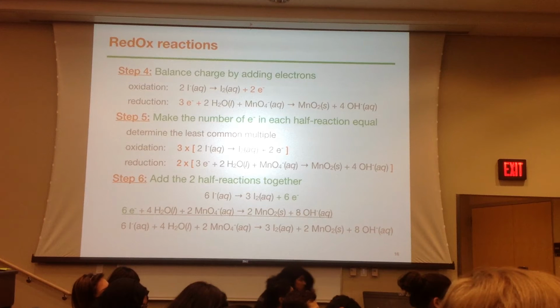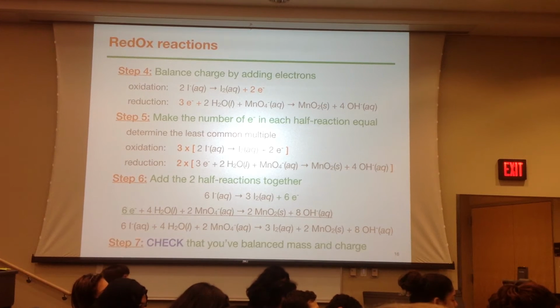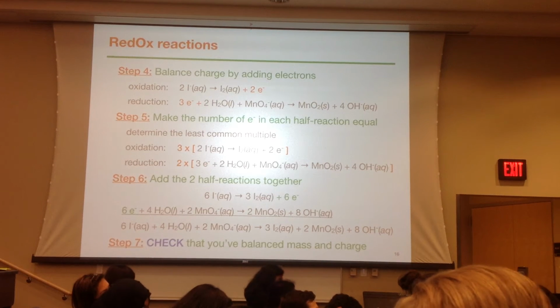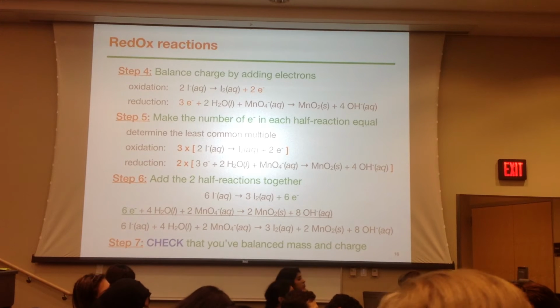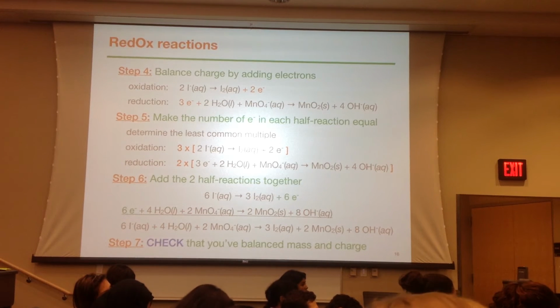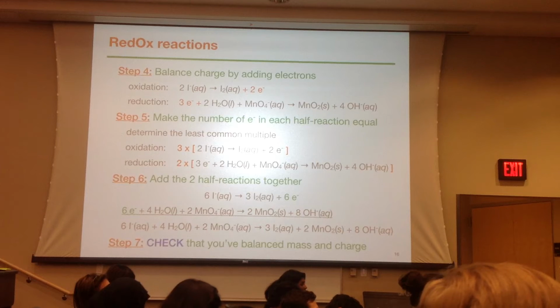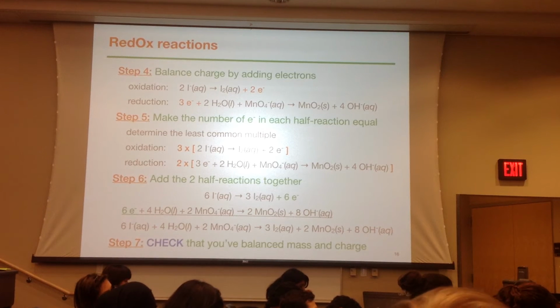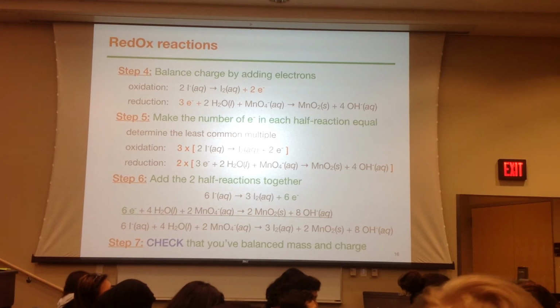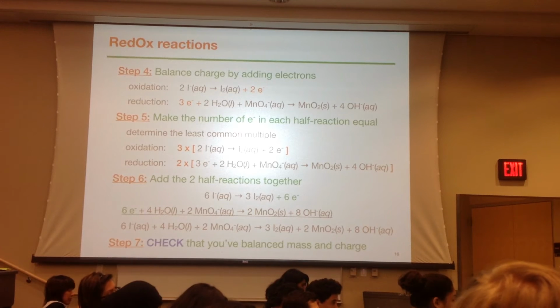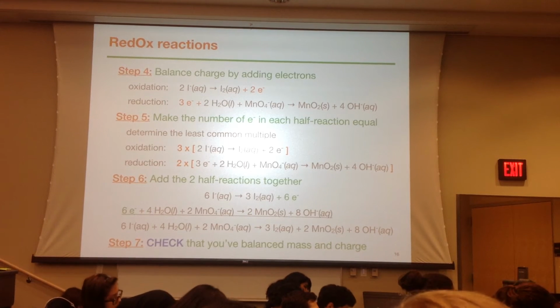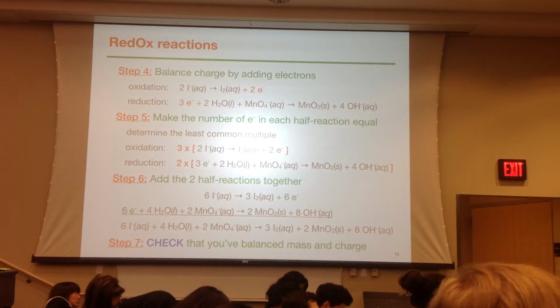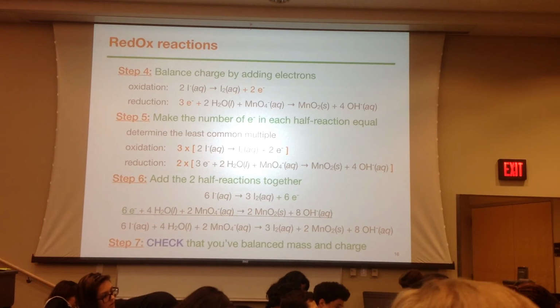Check to make sure it's balanced with respect to both mass and also charge. 6 iodines, 3 times 2 is 6. Okay, good. 4 times 2 is 8 hydrogens, 8 hydrogens. 4 times 1 is 4, 2 times 4 is 8, that's 12 oxygens. 2 times 2 is 4, plus 8 is 12 oxygens.